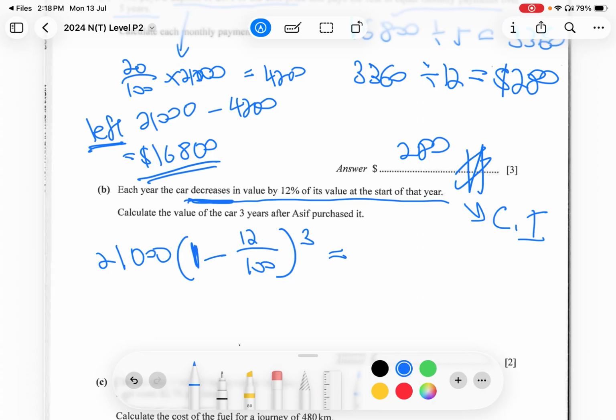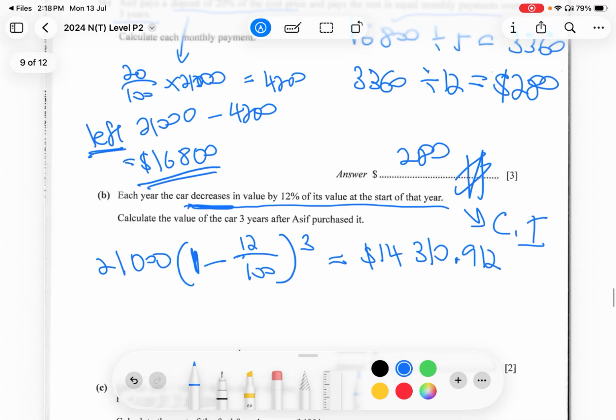So I change to minus because it's a decrease. At the end of the 3 years, the value becomes this. Usually the formula is plus, but in this case it's minus because it's a decrease.